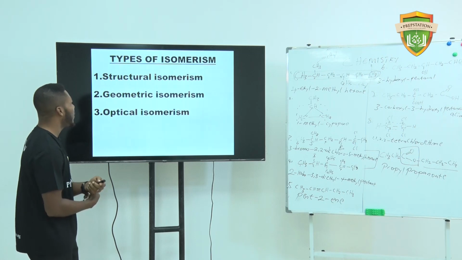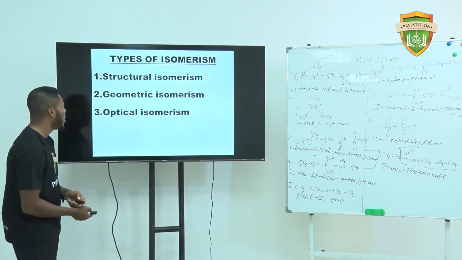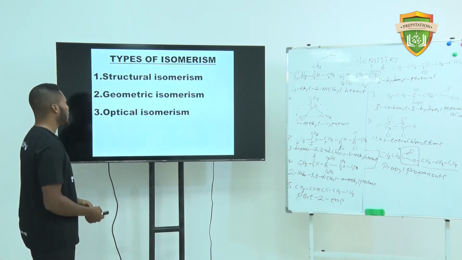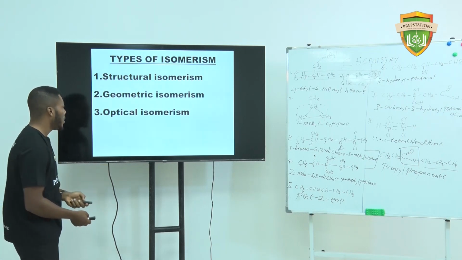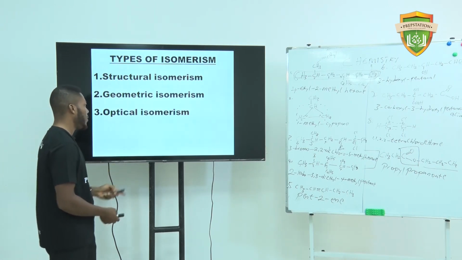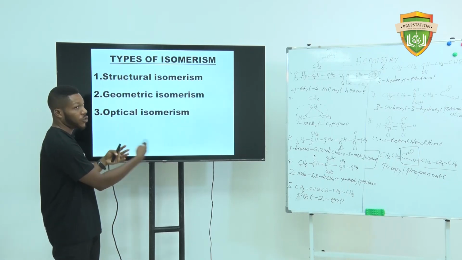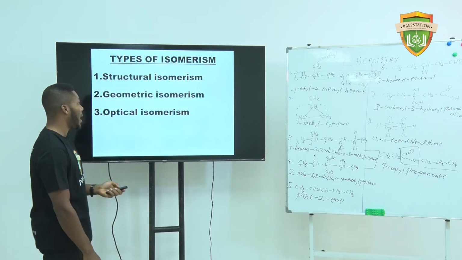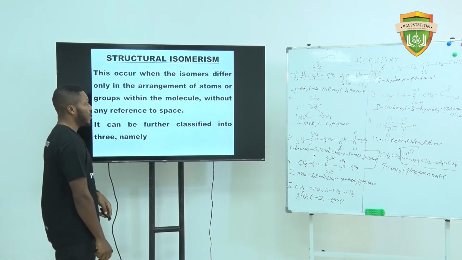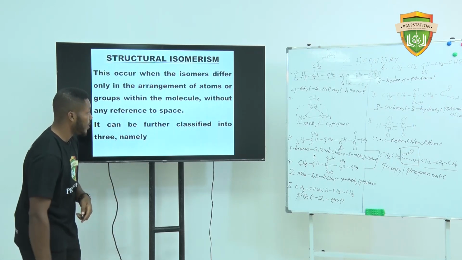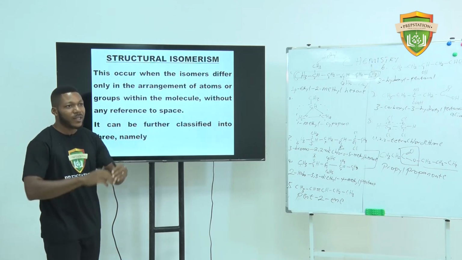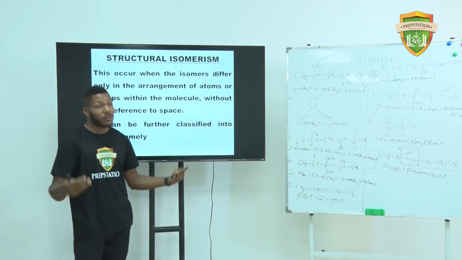All right, then we have different types of isomerism. We have structural isomerism, geometric isomerism, and optical isomerism. At this level, we will streamline to these 3: structural, geometric, and what? And optical. Now, what is structural isomerism? This differs in the arrangement of the hydrocarbon.